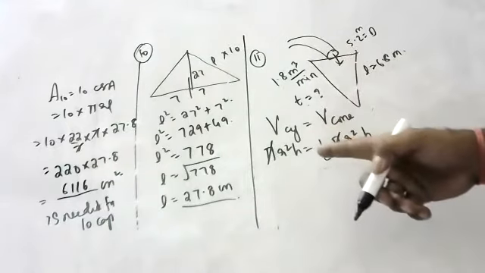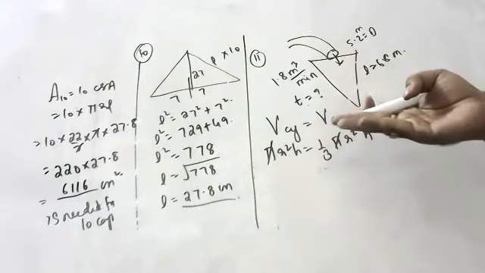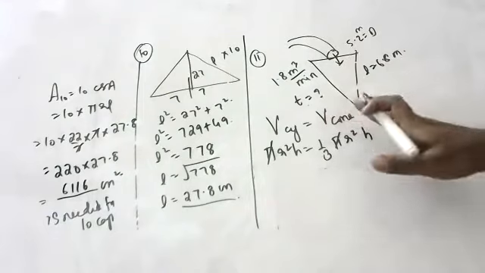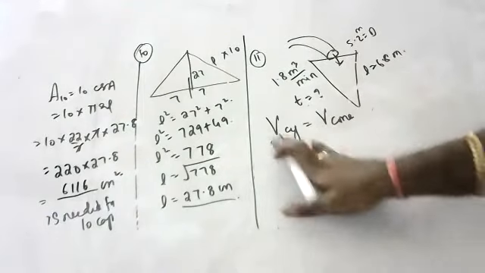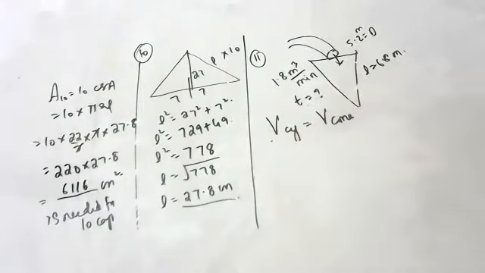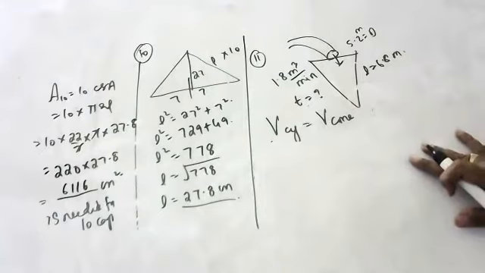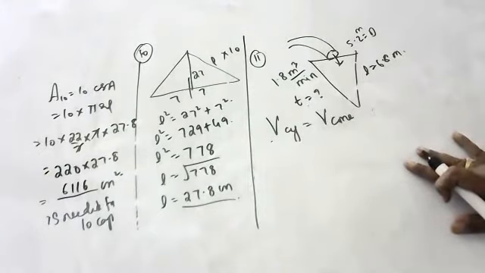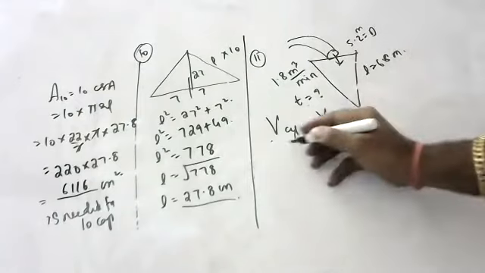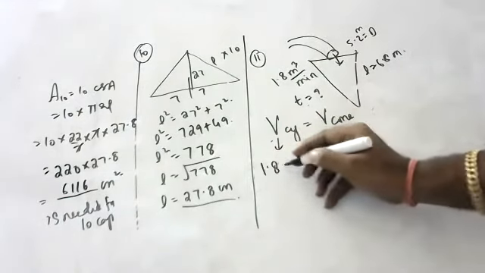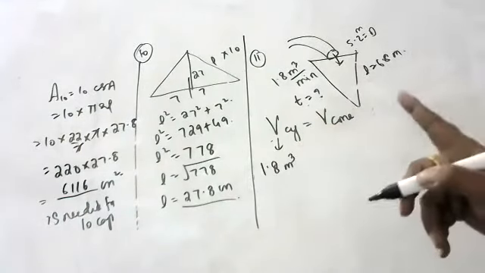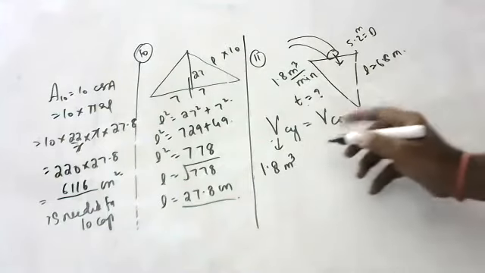Okay, volume they give directly, 1.8 meter cube per minute. So 1.8 meter cube falls per 1 minute.